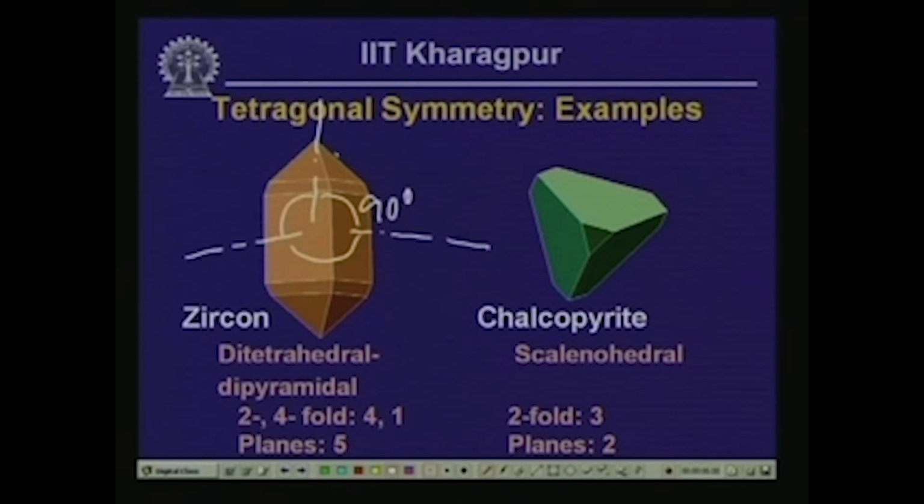It is also obvious that the axis from top to bottom is longer than the other two axes in this case. So you can see why zircon gets categorized as a tetragonal crystal.